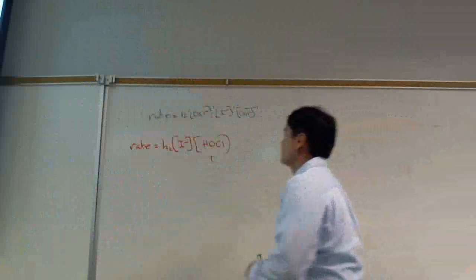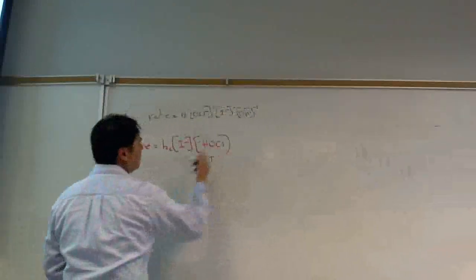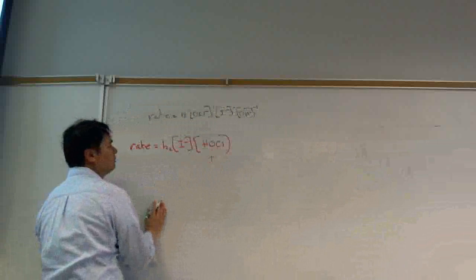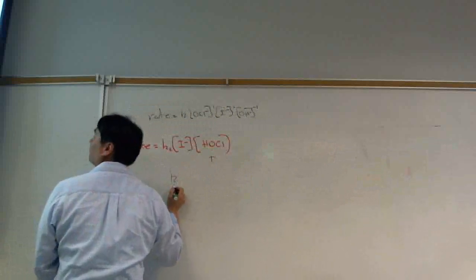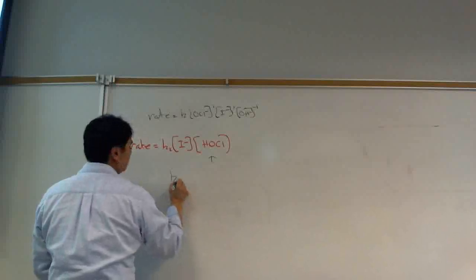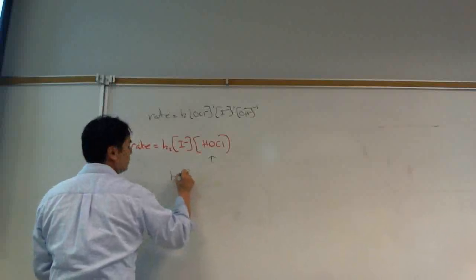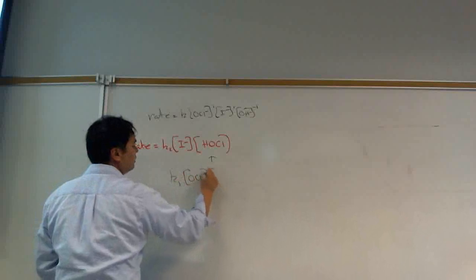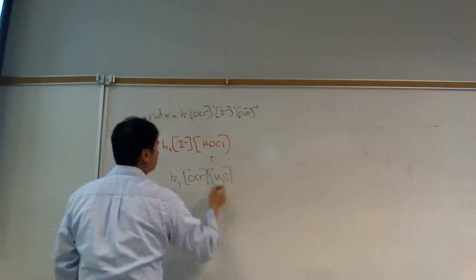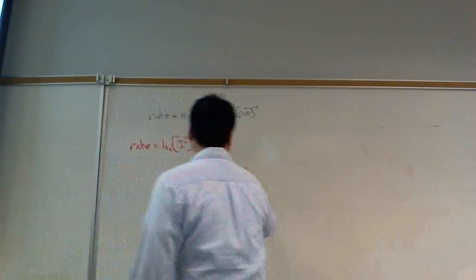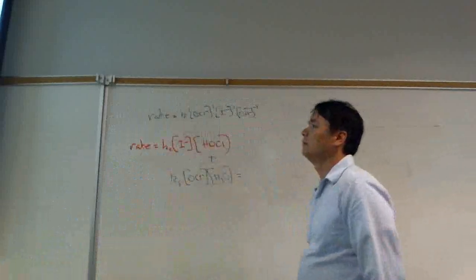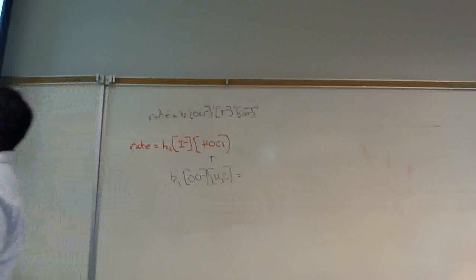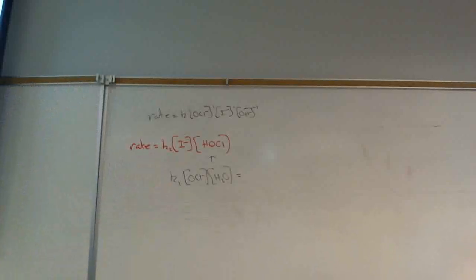The steady state approximation is that the rate of formation equals the rate of consumption. How is HOCl formed? It's formed from K1 times the hypochlorite times the water concentration. How is it consumed?